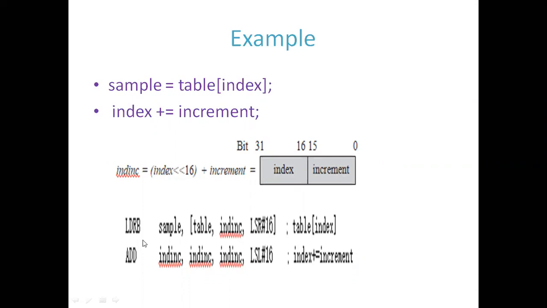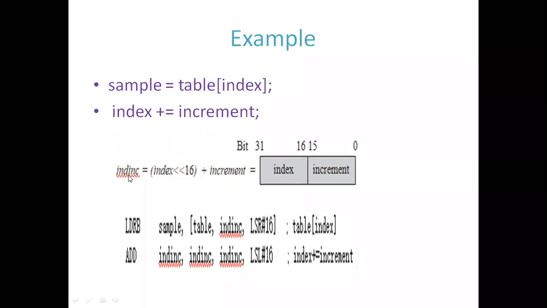Look at this one, LDRB: load the character from sample into sample. So table of index, what is that index? Index is here. Where is that index? It is 16 bits away from the beginning of the register.